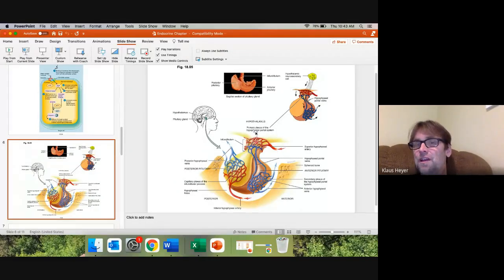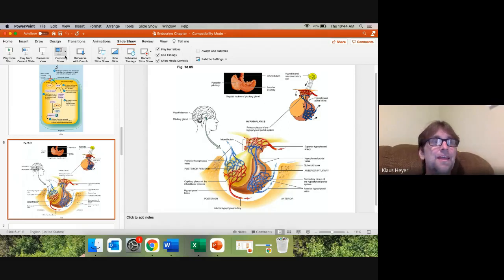So you see, here's the hypothalamus. You see how there's a blood supply, and it comes down here, and it goes to the anterior lobe. And then if you follow this, it goes back out again. There are different hormones that the hypothalamus secretes, and they come down here and go to the anterior lobe.